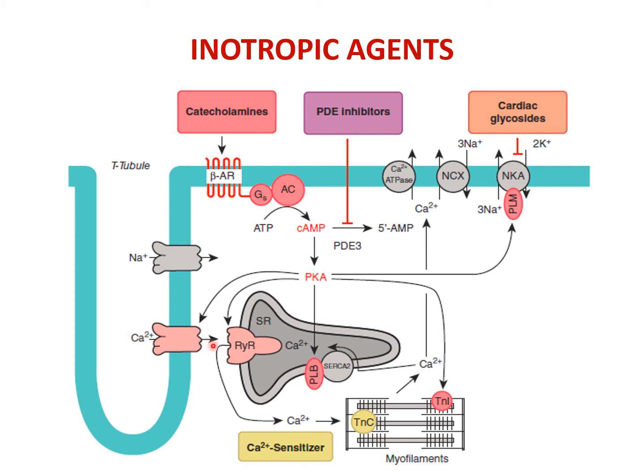So the calcium which comes inside will trigger the release of calcium stored in the sarcoplasmic reticulum, thereby increasing the cytosolic calcium level. This binds to the troponin C, which causes the actin-myosin interaction and causes contraction of the cardiac myocytes.